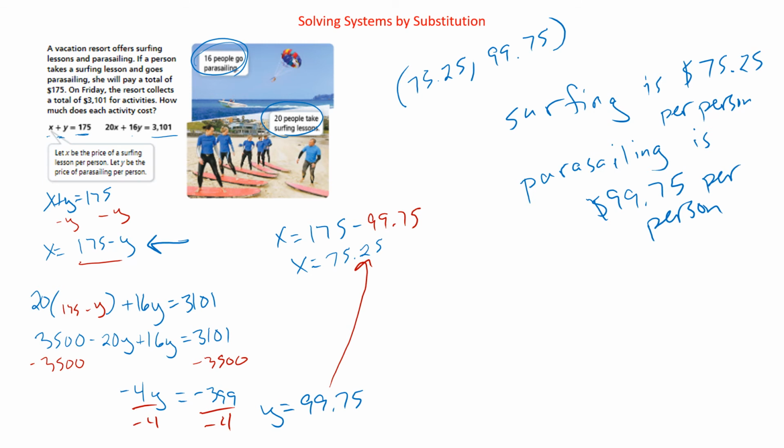The part of this question was solve it by graphing and solve it algebraically and see which one's easier. And so people are like, oh, well, graphing's always easier because you just look at it. Look at our answer. If you're graphing, how accurate does your graph have to be to get the point 75.25 and 99.75?